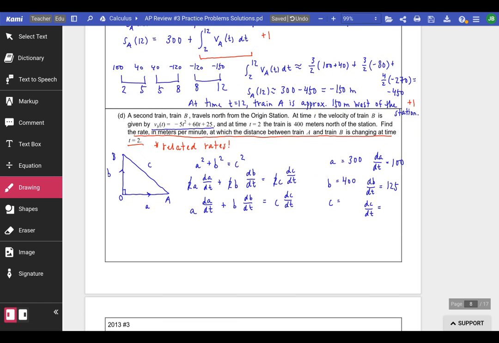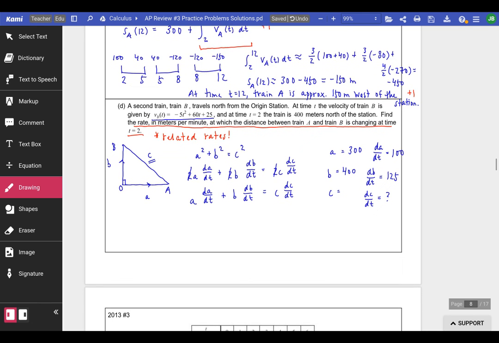Now, let's see. They want to know the rate at which the distance between the two trains is changing. So my dC/dt is going to be my unknown, which means I need to figure out at time 2 what is the value of C. Well, hopefully we recognize, since this is a right triangle, we have a 3, 4, 5 triangle, so C is going to be 500.